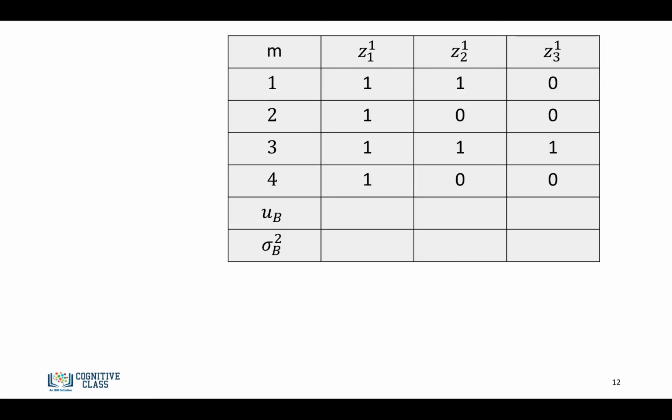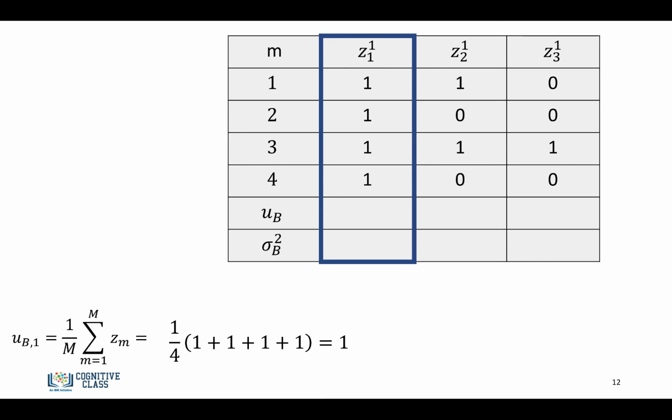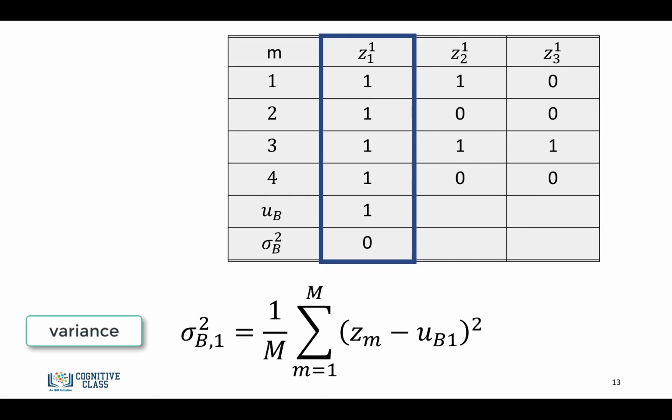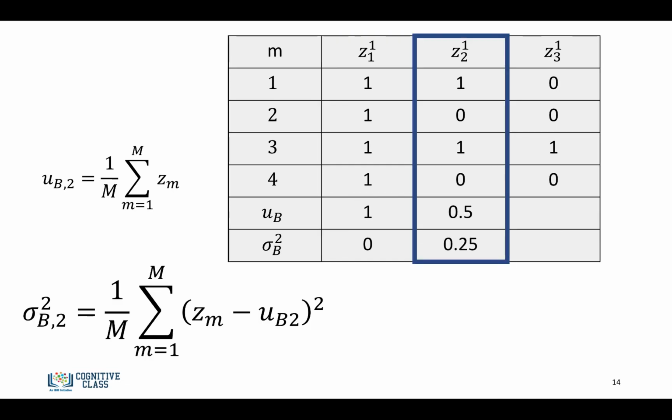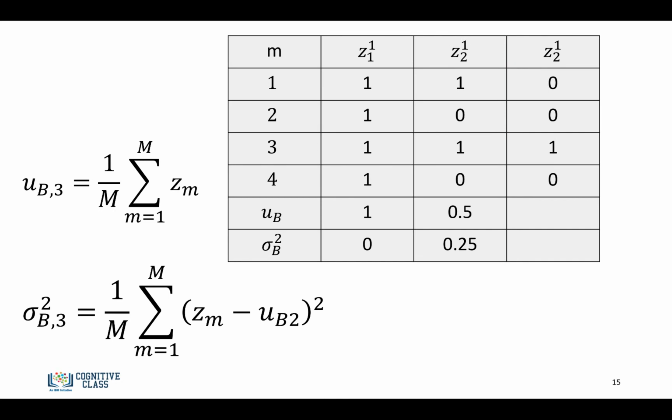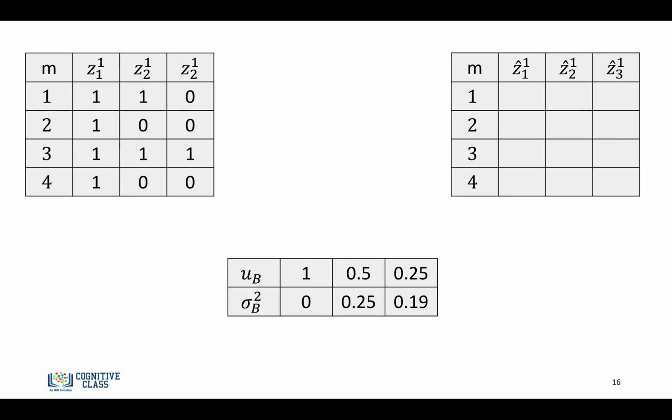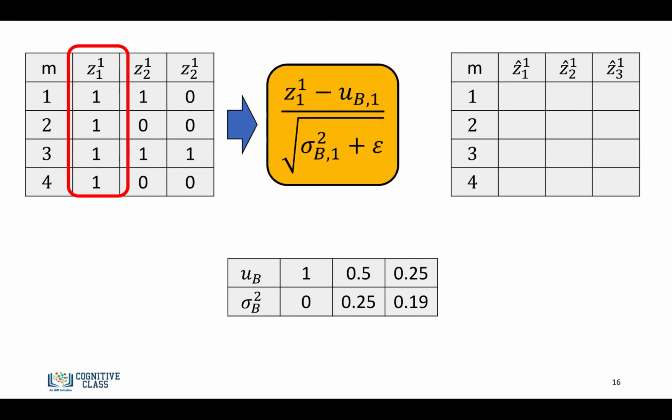So here's our graph. We'll calculate the mean for the output for the first neuron by simply calculating the average of all the samples, and we'll repeat the process for the standard deviation. We'll repeat the process for all the outputs of the second neuron and for the third neuron, and then we'll normalize the outputs. The outputs for the first neuron we simply normalize by subtracting the mean and dividing by the standard deviation.